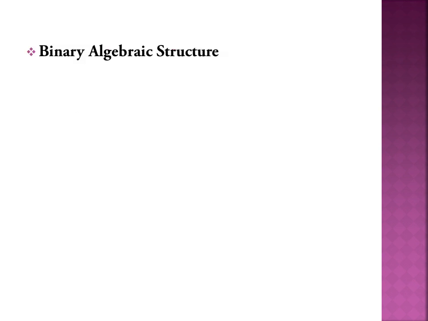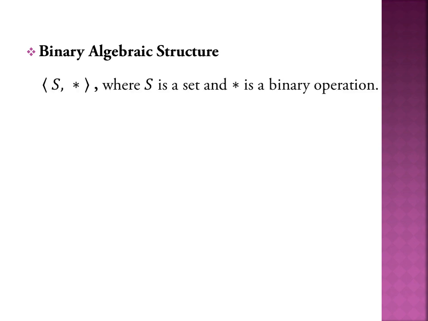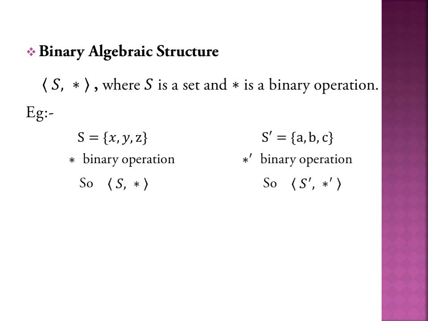A binary algebraic structure ⟨S, star⟩ is a set together with a binary operation star on S. For example, let S equal the set {x, y, z} and let S' equal the set {a, b, c}.